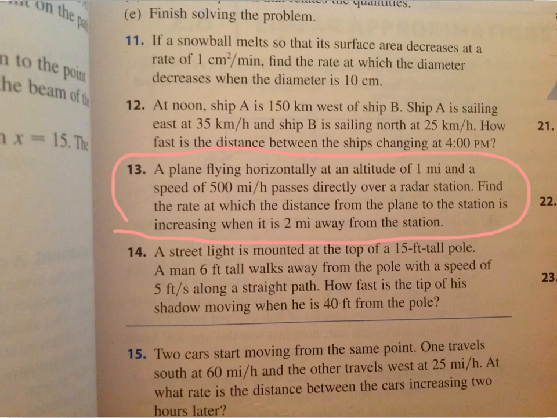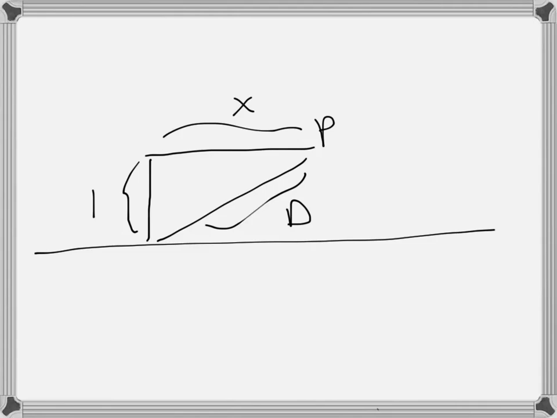So, here's a picture to show you what's going on. The radar station is at the base of that vertical line, and that's the 1 mile altitude. So the plane is flying horizontally above that.